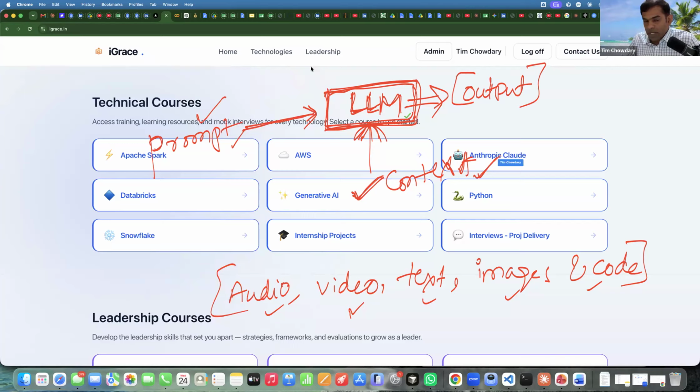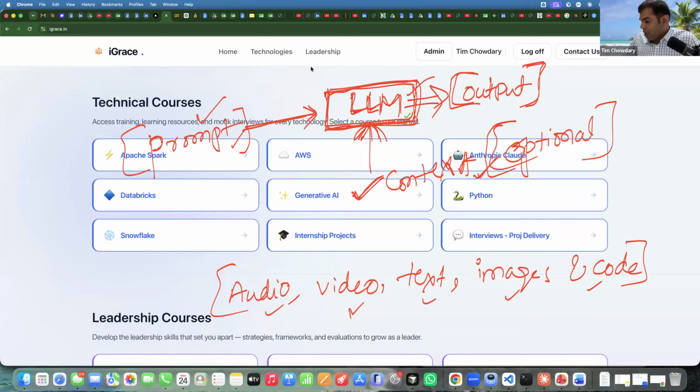It's a combination of prompt and context, or in some cases, prompt alone. Context is optional. If we don't provide additional context, it generates some output based on whatever context it already has.